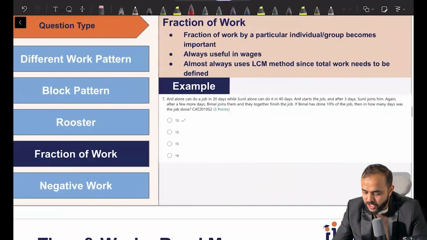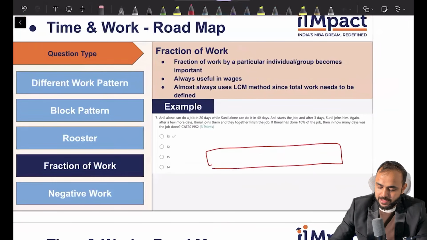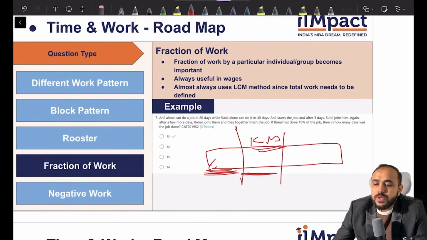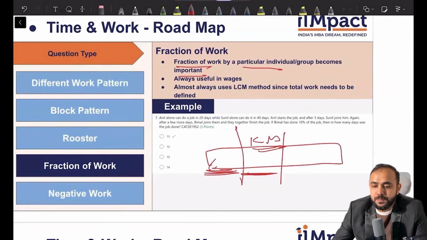Now, a fraction of work. So, in the entire timeline of the situation that we discussed, this segment has certain workings, this segment has certain workings. They particularly tend to ask you about the fraction of total work that a particular individual or group has done. Now, if they are asking you for wages, fraction of work as a concept is always going to get used, because wages are decided on the basis of the fraction of work you have done.